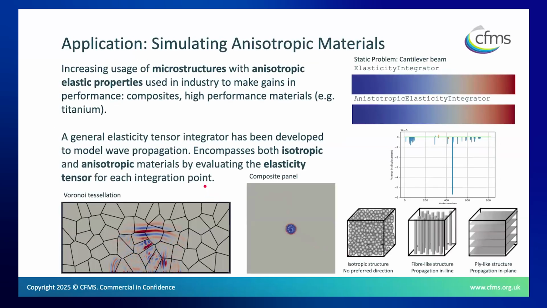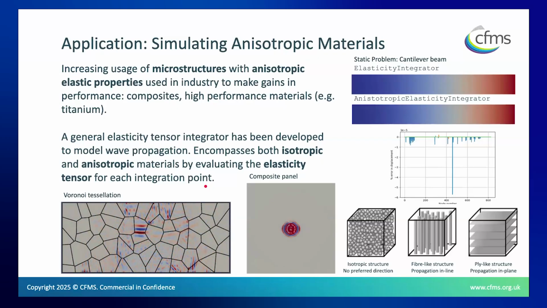So digging into some of the applications that we're interested in doing, anisotropic materials are obviously quite an interesting one for us, as they're relevant in quite a lot of high performance materials that are used across a wide range of industries. The material properties are set from an elasticity tensor.